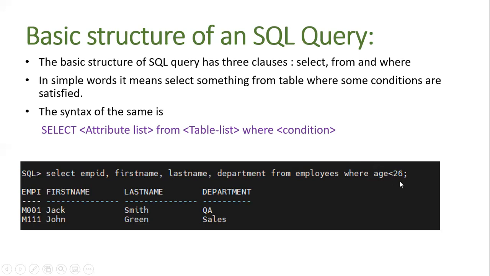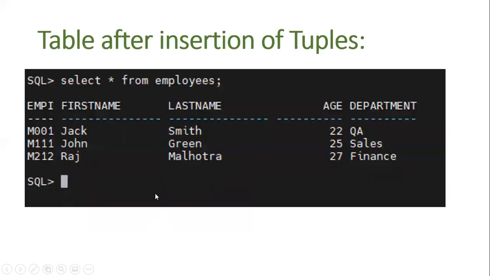So it will display all those employee ID, first name, last name, department from that particular employee table wherever the age is less than 26. So then we have here Jack Smith and John Green, because in the table initially we had only these two whose age is less than 26.